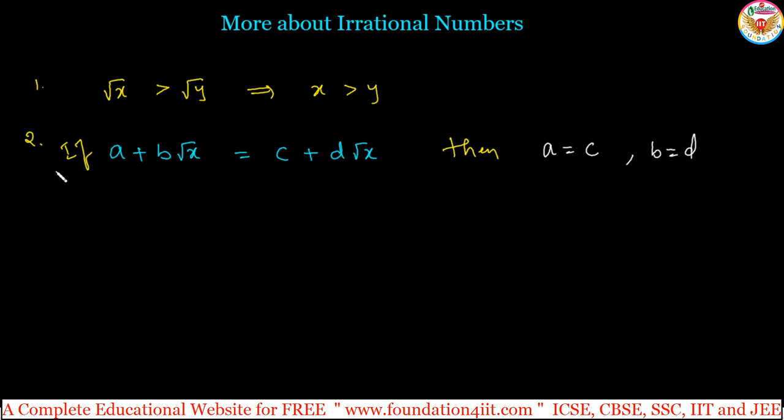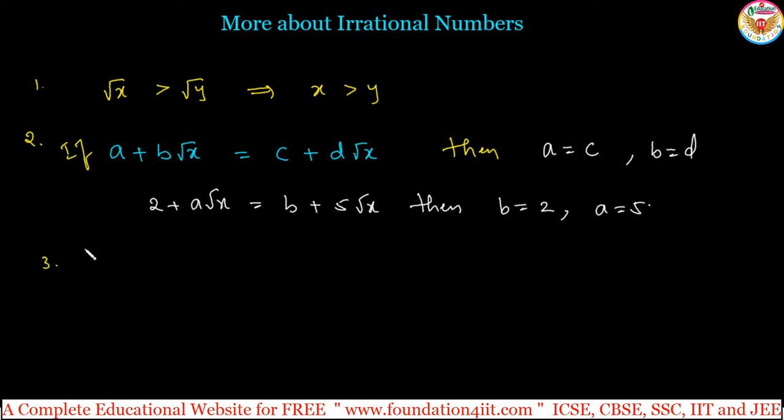Any example you can take, for example 2 plus a root x is equal to b plus 5 root x. So then 2 is exactly equal to b, so b is equal to 2 and in the place of a it is 5, so a is equal to 5. So this rule we can apply in the problems, right? This is one of the rules you remember.